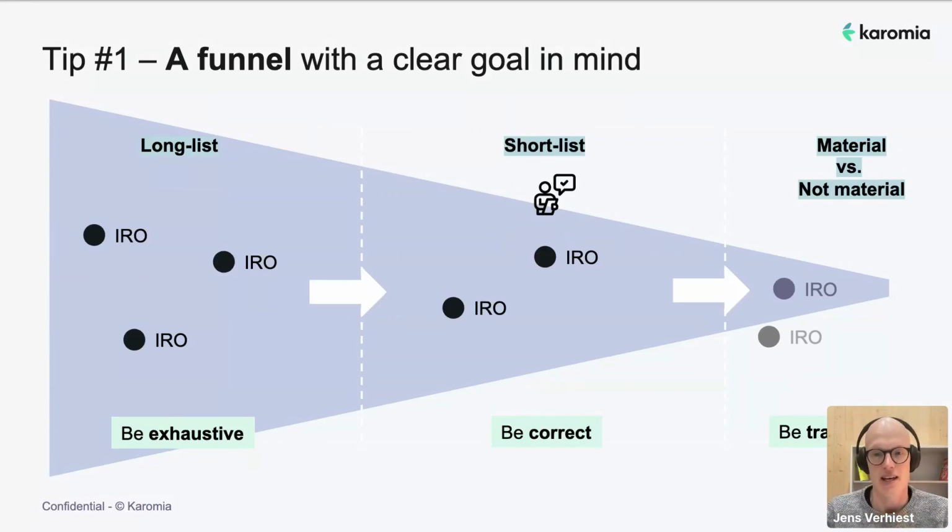So it's really a funnel where you have a lot of quantity in the beginning. You take some of those in the middle where you will assess them, and in the end, some will truly stick, meaning some will be material and others will not be material. And that's kind of the process that you need to follow.